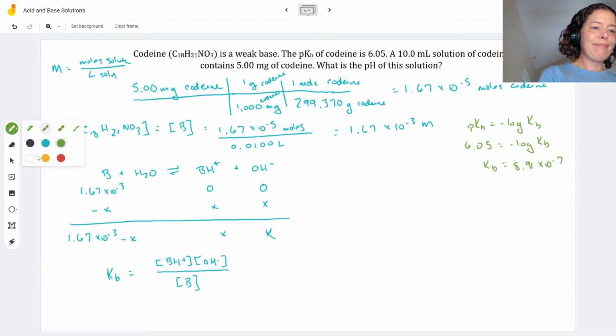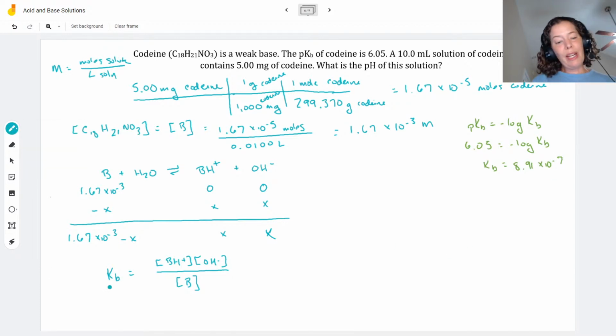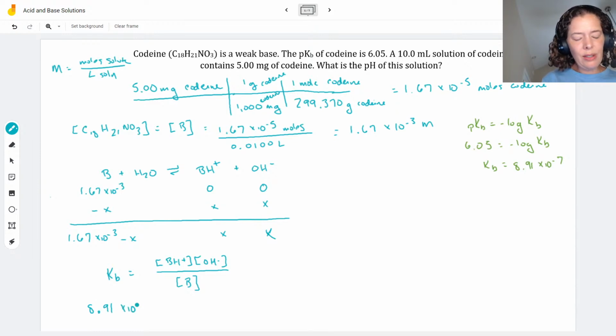All right. Now I'm ready to go back to my equilibrium here and plug things in. I have a value for my Kb, 8.91 times 10 to the negative 7th, and I'm just going to put in my equilibrium concentrations right here. Again, this is going to be x times x, or x squared.